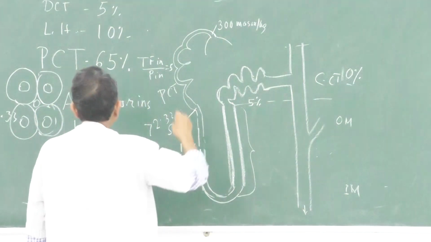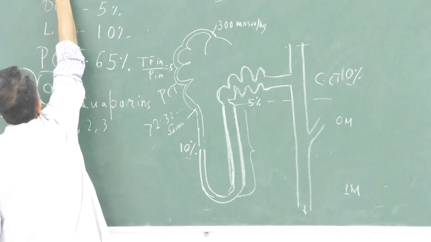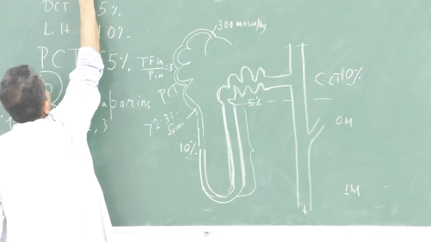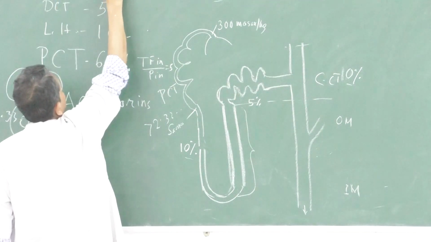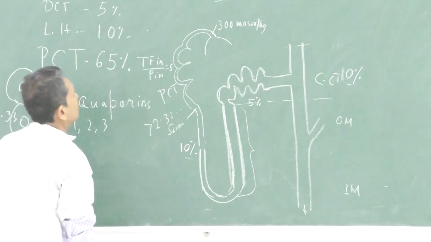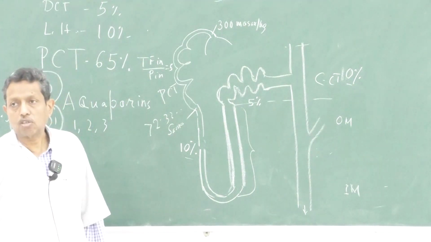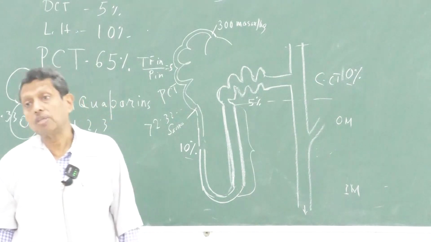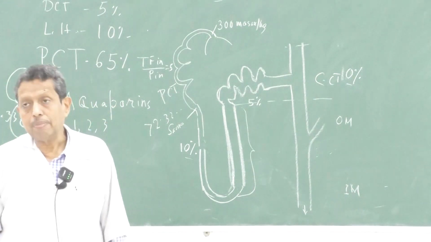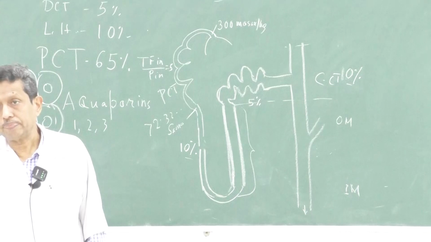And medullary collecting tubule, whenever concentrated urine is formed, 4.7% or so, and the remainder is eliminated in the urine.